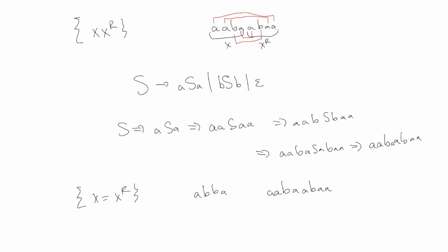You could have ABA, or maybe BAB, BABAB, right? The difference is these have an extra letter in the middle, which would not be allowed up here because they have an extra letter in the middle.